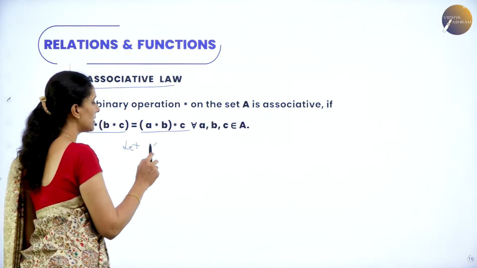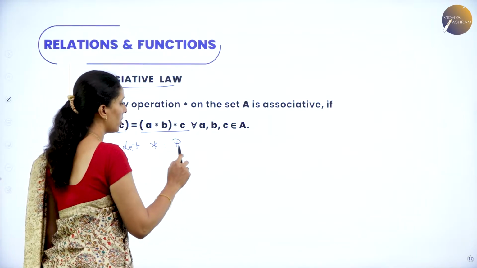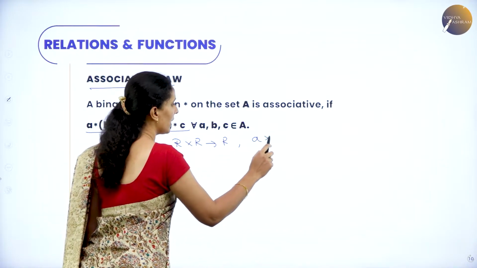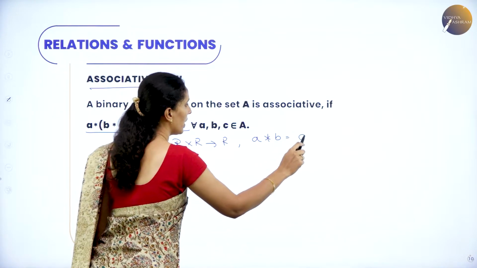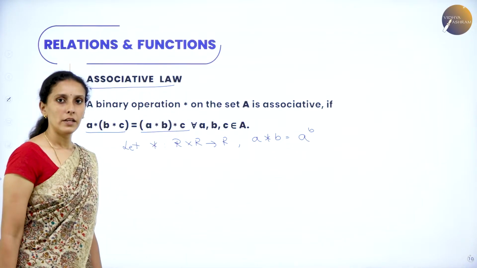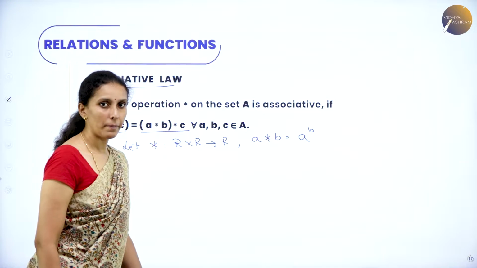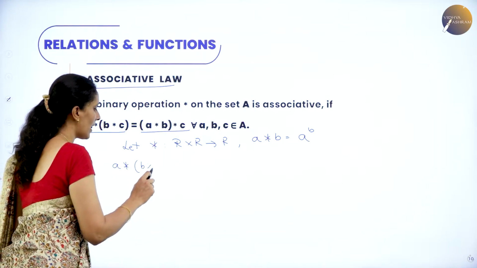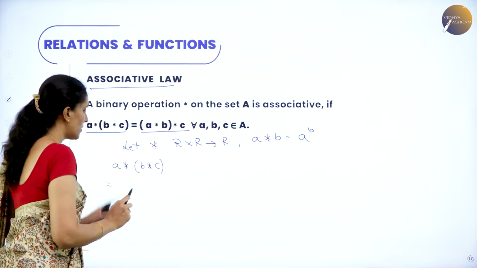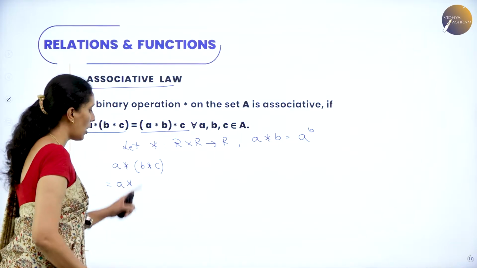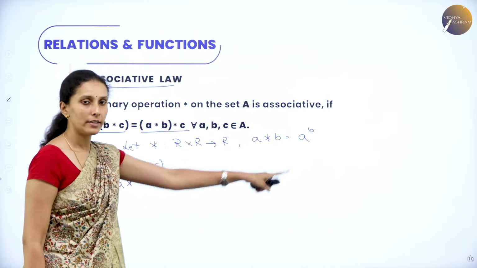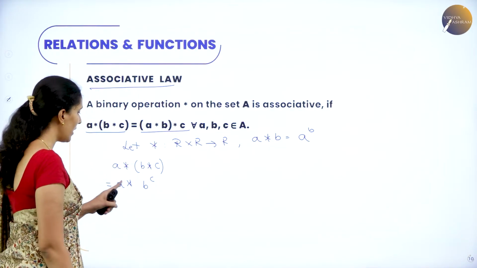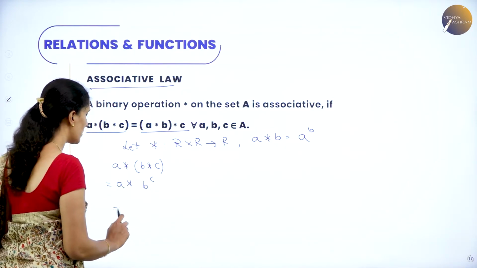Let star be a binary operation defined on the set of real numbers, two real numbers, defined by a star b is equal to a to the power b. So I have taken it in the form of a to the power b. So let me take a star b star c here. So a star, how is b star c written? It is written in the form of b to the power c. Now we have a star b to the power c. How is this written?